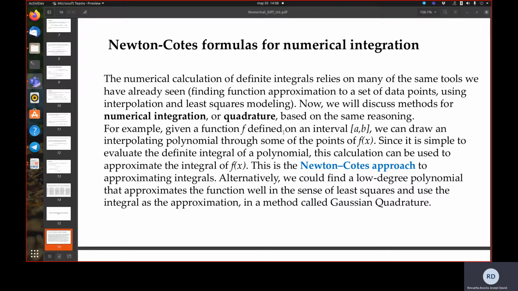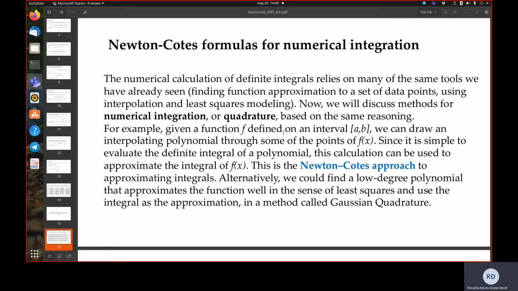In this class, we're going to discuss methods for numerical integration, or quadrature, using the tools that we already saw in previous classes. For example, if we define a function f on the interval a and b, we can obtain the interpolating polynomial through the given points, and then it is very simple to evaluate the integral of a polynomial, and this calculation can be used to compute the area under the curve.